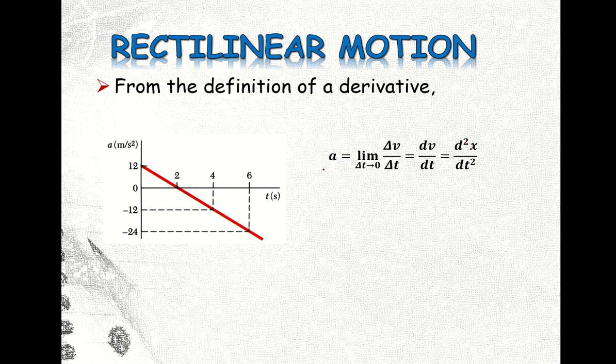Okay, so when you graph this, you can see the graph of the acceleration looks like this. Taking the same example as in the previous slide, we have v equal to 12t.